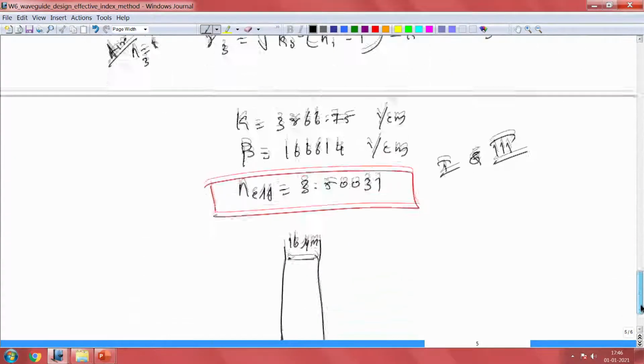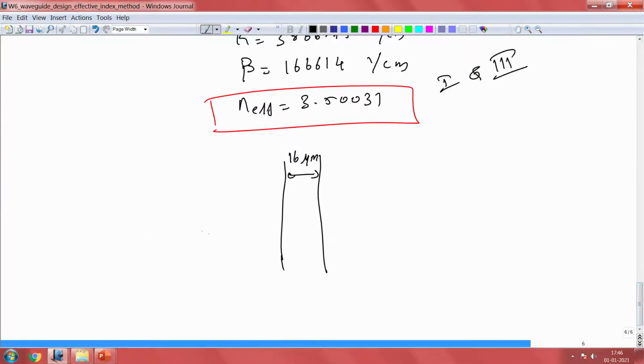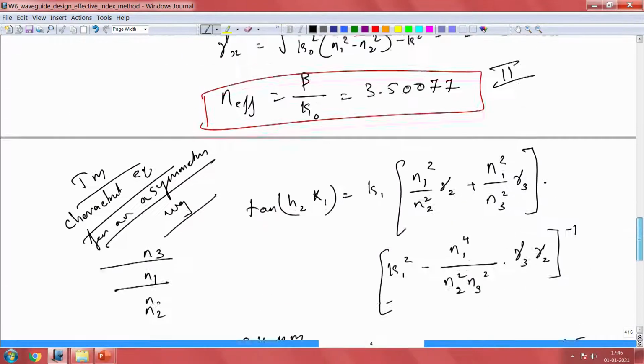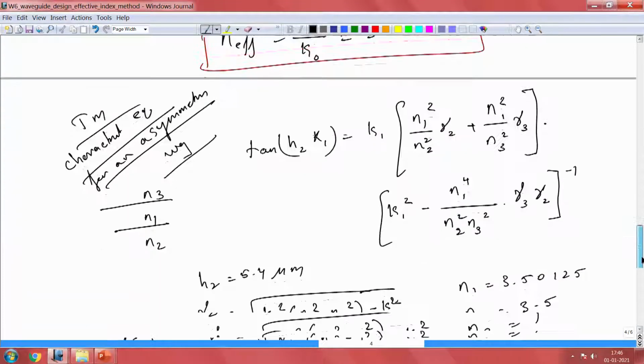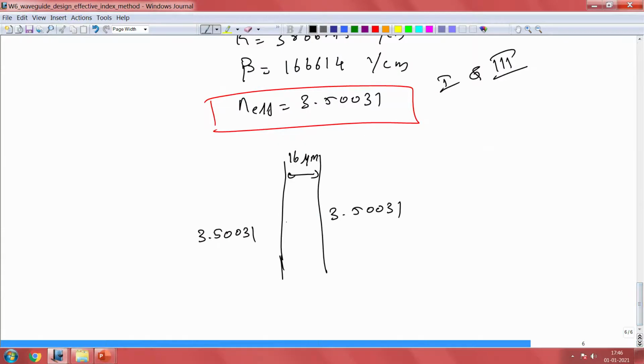The refractive index on regions 1 and 3 is 3.50031, and the central section is 3.50077.